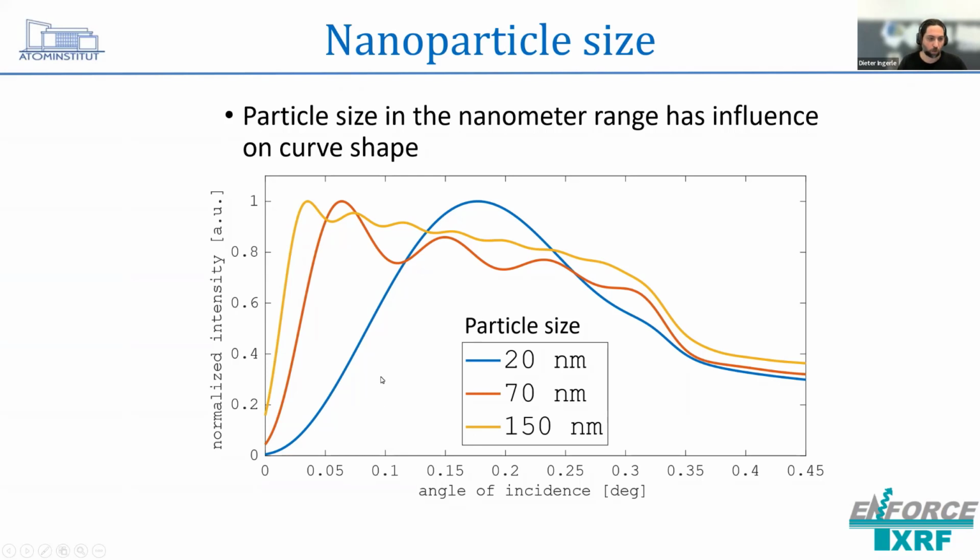So if we have very small particles, actually, it can be that it's no longer this step-like curve, but really some defined maximum somewhere. And then depending on the distribution also of the internal standard and at which angle we are measuring, maybe the quantification can be wrong. So that's something to keep in mind if you're just doing chemical analysis of nanoparticles: with nanoparticles, it can sometimes be difficult.